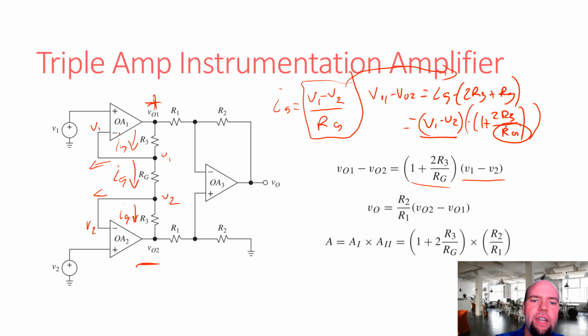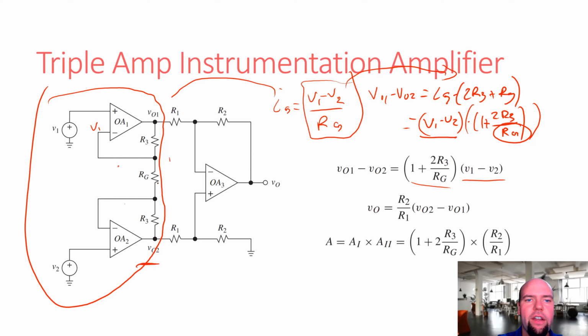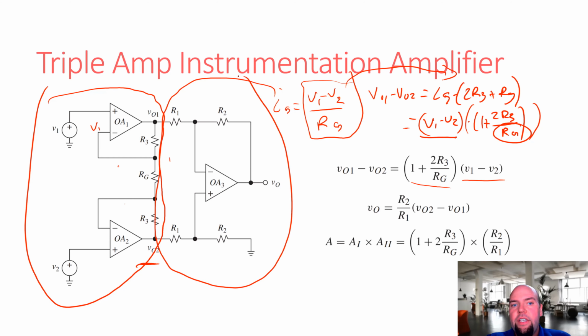But then what do we have? Now we analyze this part. So we analyzed all of this. But now what do we have over here? This is just a difference amplifier. So assuming this is an ideal difference amplifier, what's the gain of this stage? The gain of this stage is going to be R2 over R1.